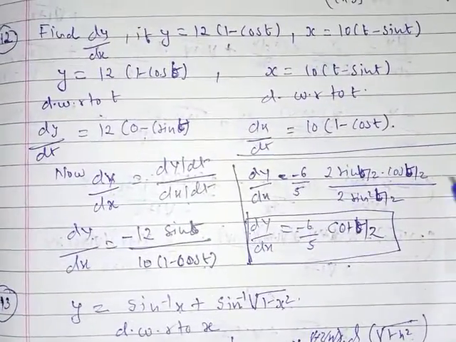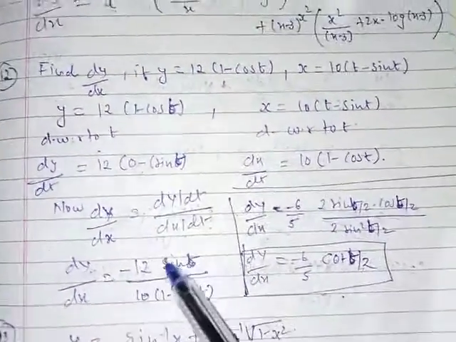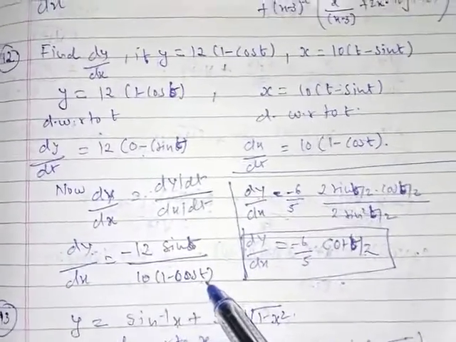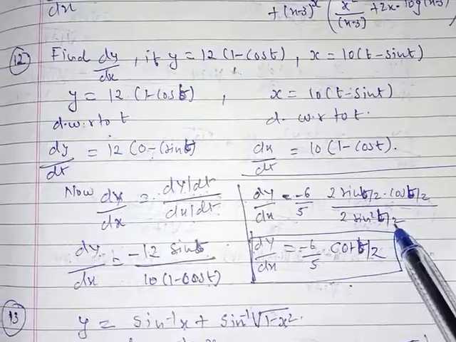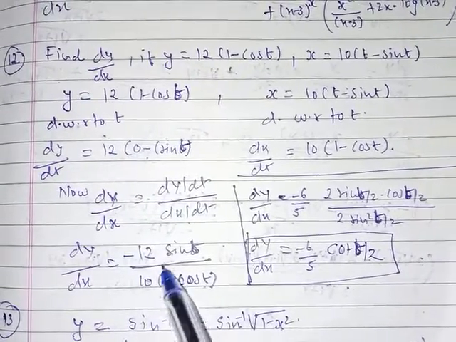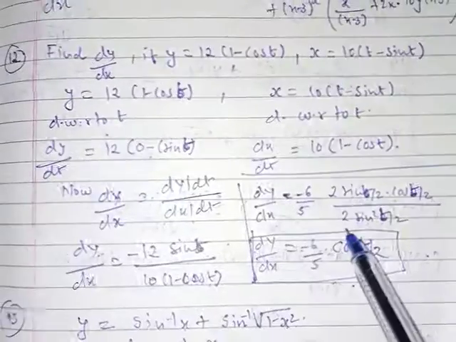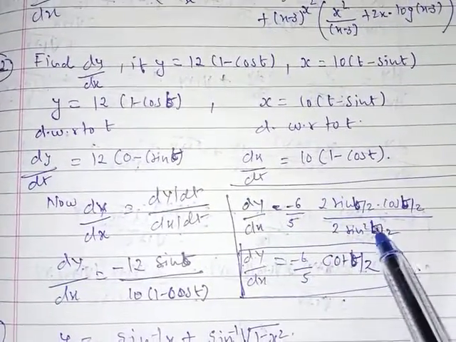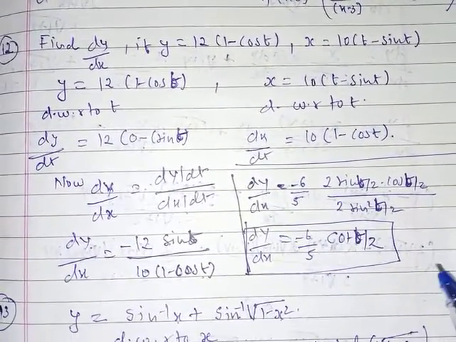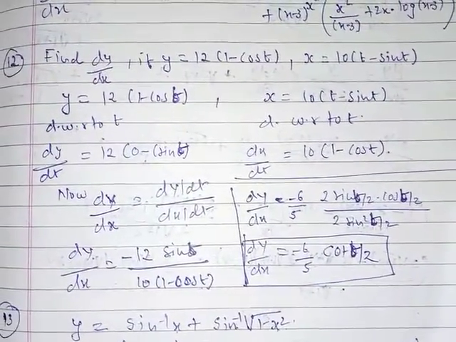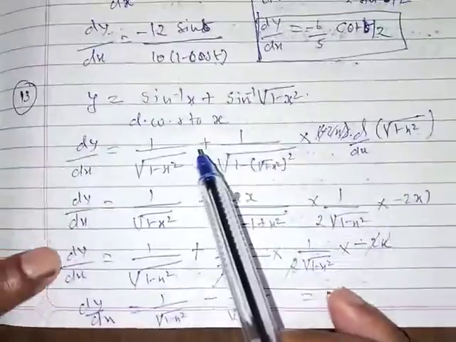If you expand sin t in t by 2 form, and 1 minus cos t also in t by 2 form, then sin t is equal to 2 sin t by 2 into cos t by 2 upon 2 sin square t by 2. If you simplify, you will get 6 upon 5 cot t by 2.